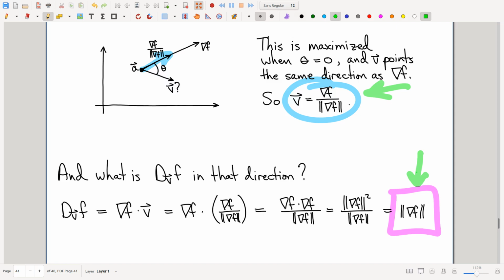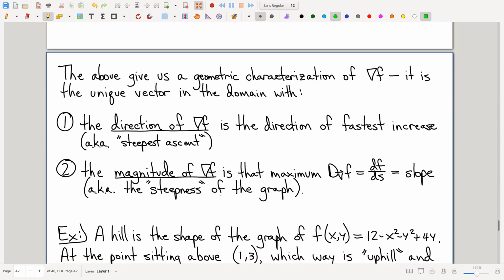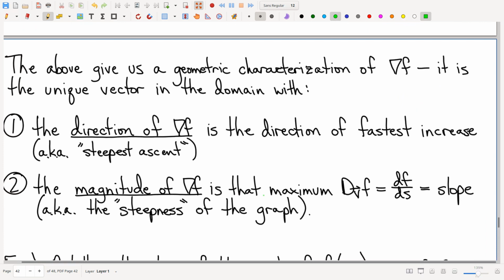This is the magnitude of the gradient. The gradient is simultaneously telling you what the best direction is and how fast it's increasing in that direction. Or said differently, it's pointing uphill, and the magnitude is telling you how steep the mountain is. Pretty neat. So that I summarize right here. I call this a geometric characterization of the gradient.